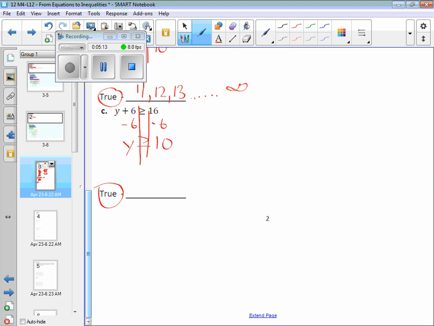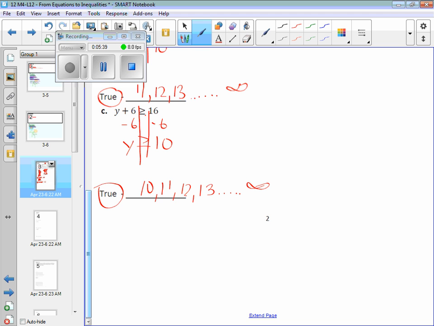Or equal to. So it'll work for 11, 12, 13, all the way to infinity. What about 10? Because it can equal it also. Okay? That's what we mean by it can be greater than or equal to that value.